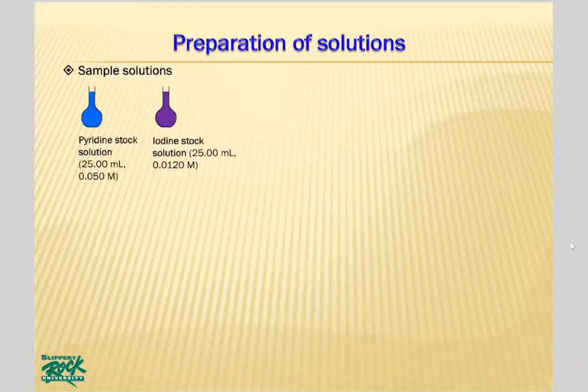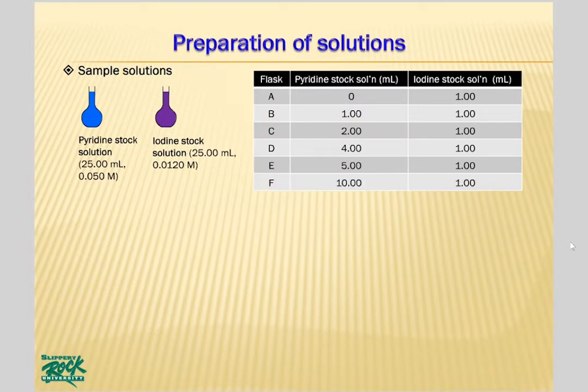6 sample solutions should be prepared by mixing the required volumes of 2 stock solutions according to this table. Use 2 graduated pipettes and transfer the required volumes of the stock solutions to a 25 milliliter volumetric flask. Do not mix up the pipettes. One pipette should be used for transferring pyridine stock solution, and the other one should be used for transferring iodine stock solution.